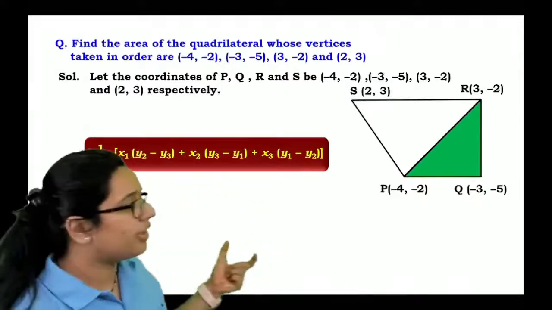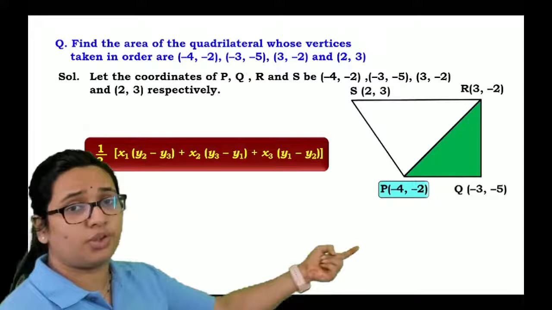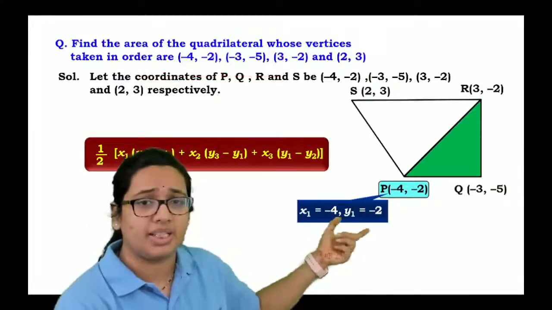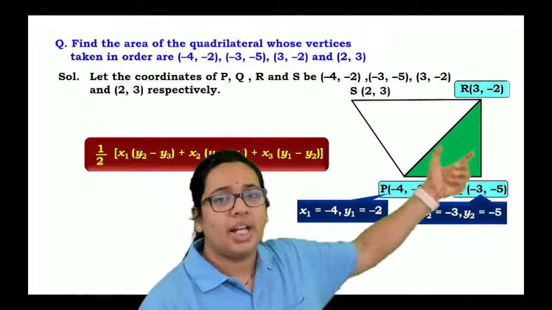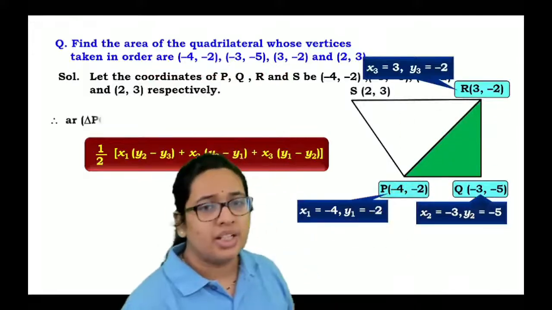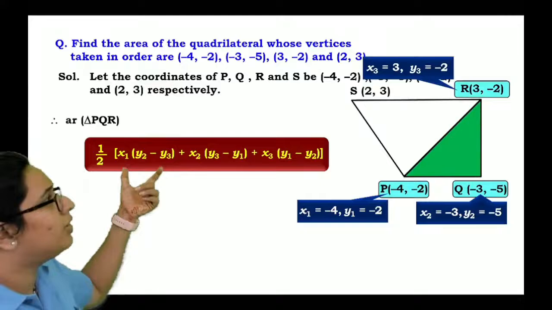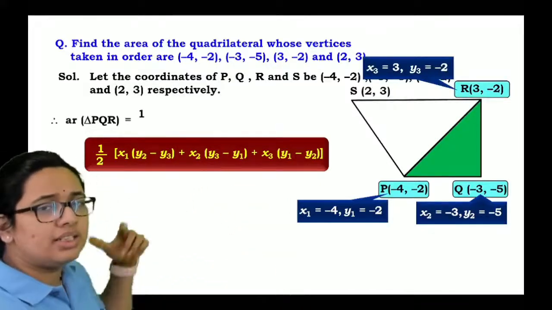See, so if you have to use this formula, then first of all, we'll consider that the coordinates of P will be x1, y1, coordinates of Q will be x2, y2, and coordinates of R will be x3, y3. Hence, you just have to put the values of x1, x2, x3 and y1, y2, y3 in this formula.